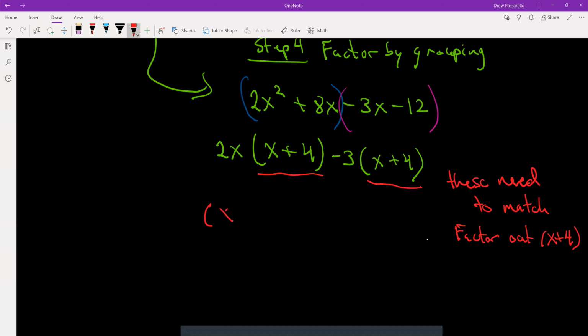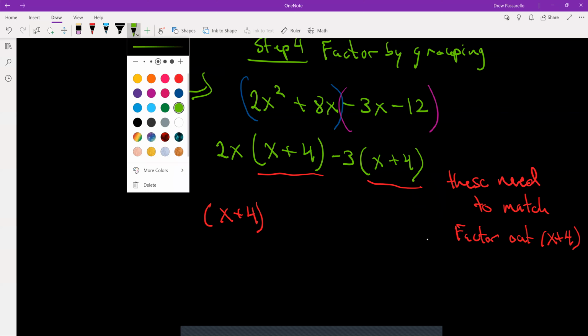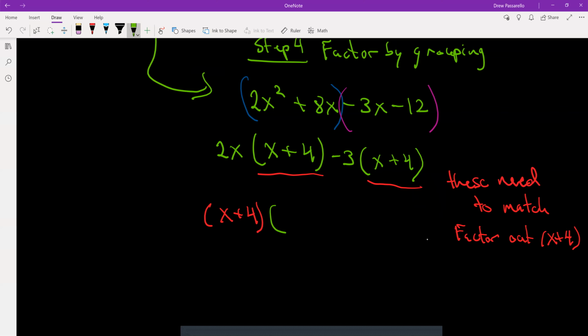If I factor out x plus 4, what I'm left with is the 2x minus 3. All right, and this is going to be your answer.